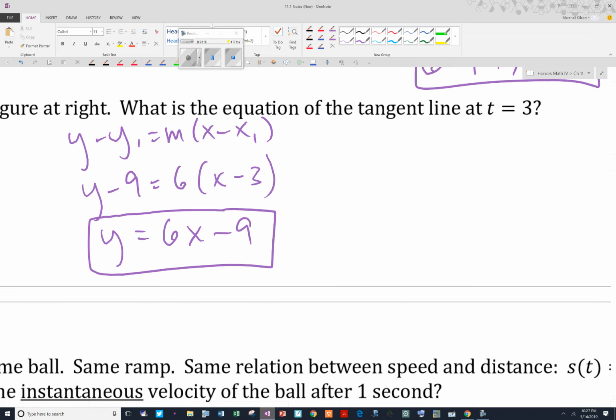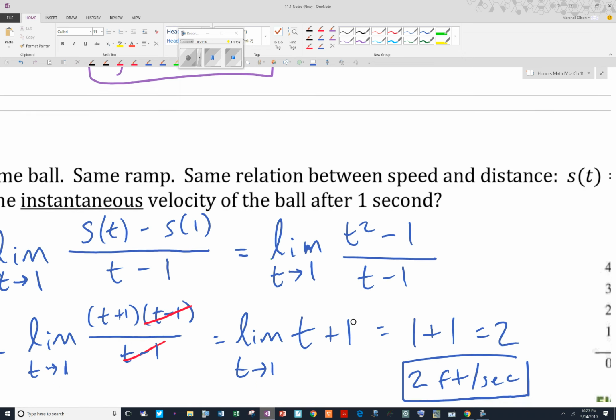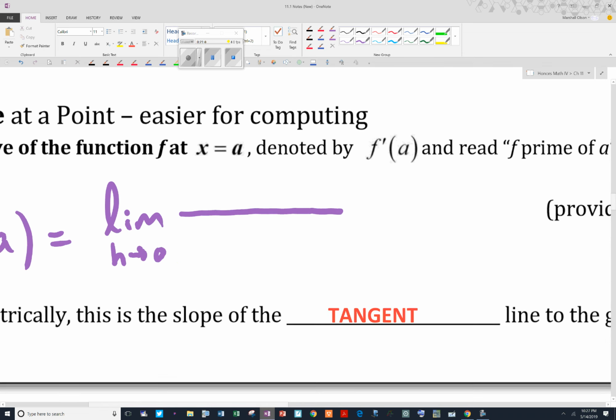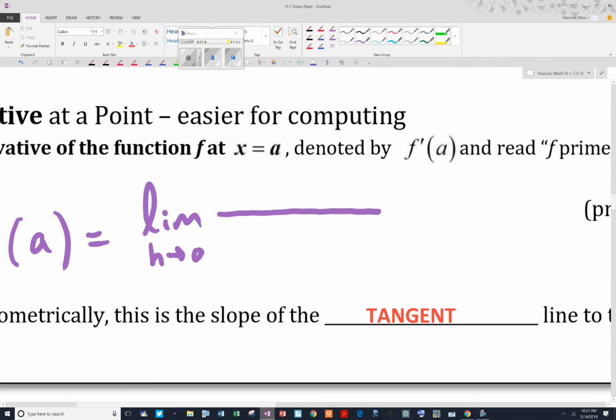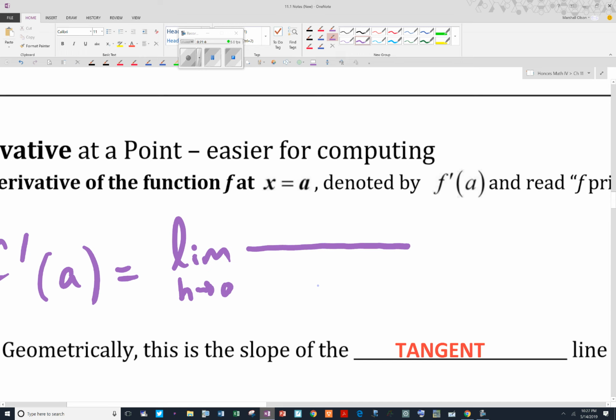That's what this is. h is the distance between the 2 x values. So our denominator, which in a slope formula represents the difference in the x values, we want to be just h. Our numerator then, our 2 y values, which we're going to have to find the difference between, well, one would just be f of a.